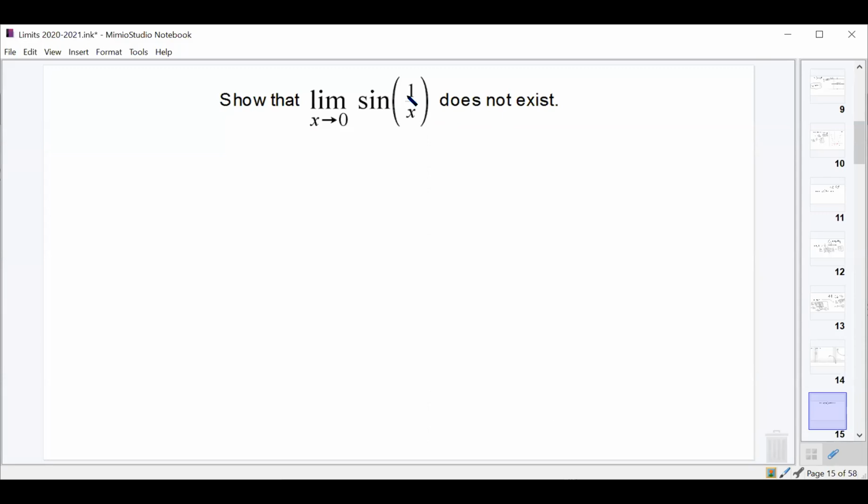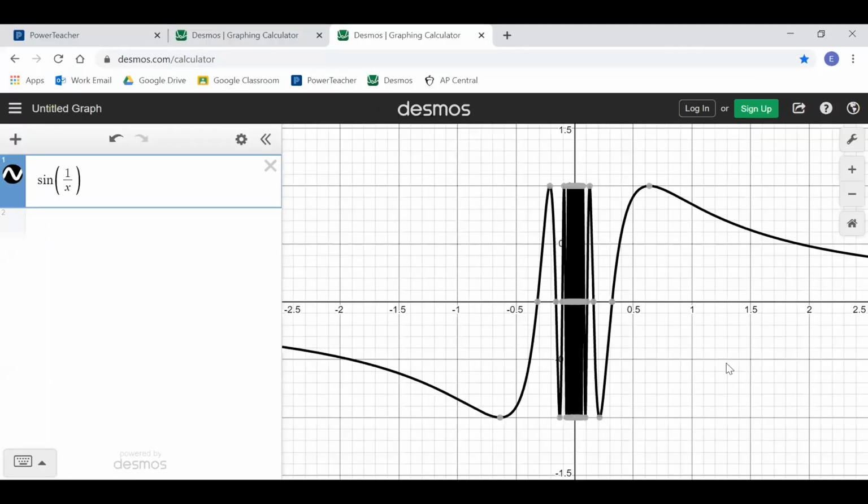And I'll throw it up on Desmos here for you to take a look at also. Here is sine of 1 over x on Desmos. So think about why that limit might not exist as x approaches 0.